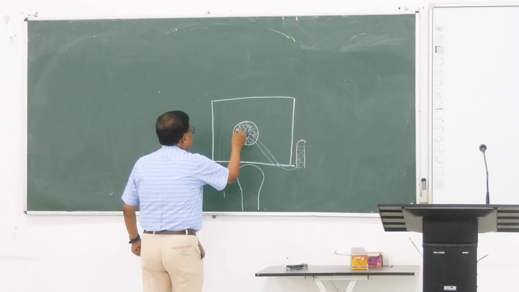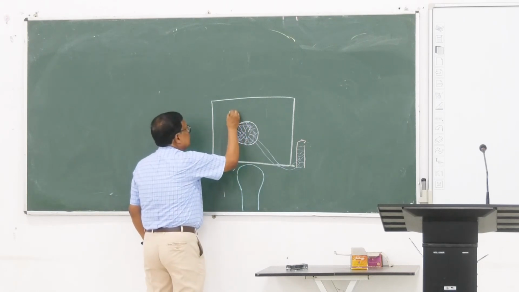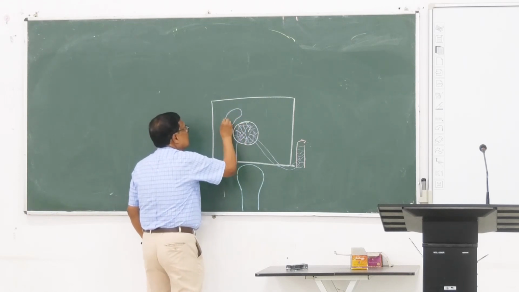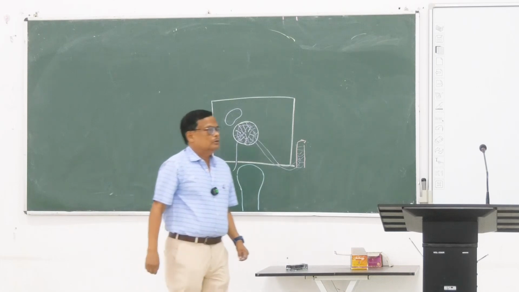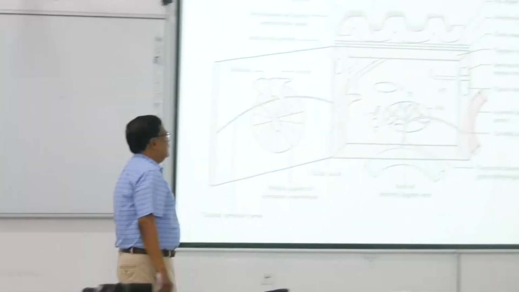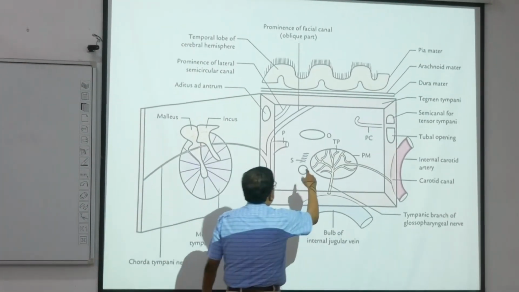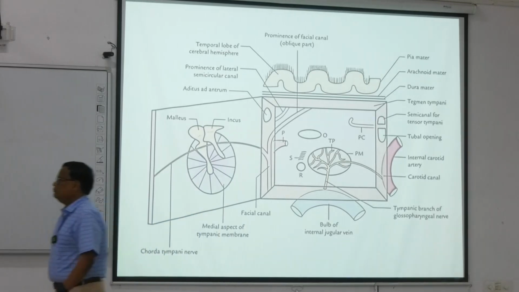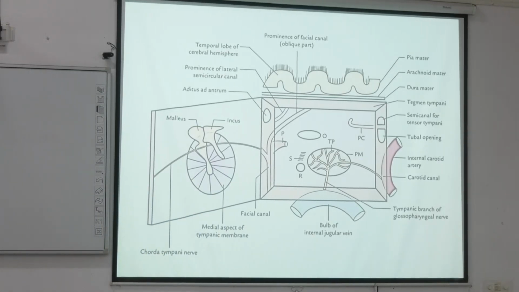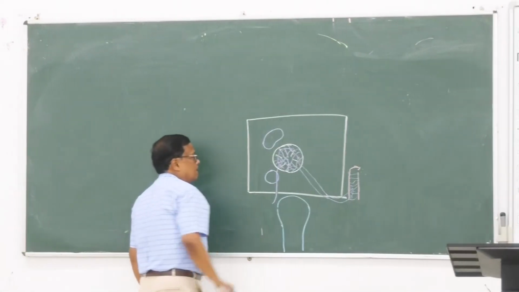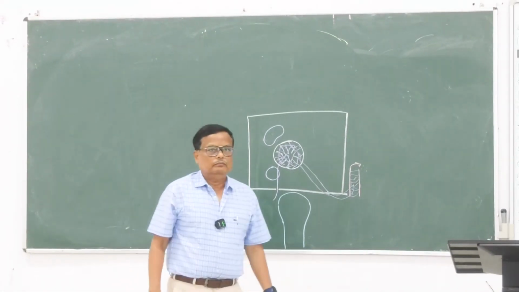Just above and posterior to the promontory, there is an oval opening. We call it the oval window or fenestra vestibuli. And just below, there is a rounded opening. We call it the round window.